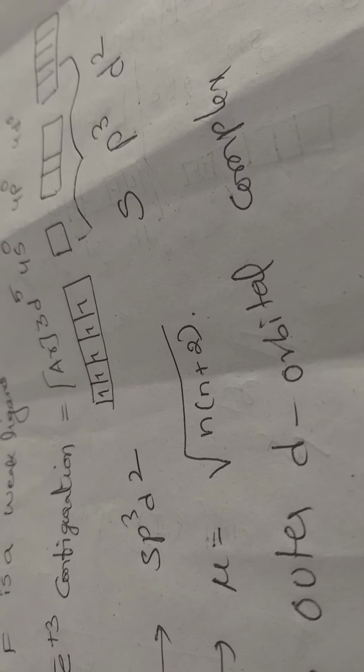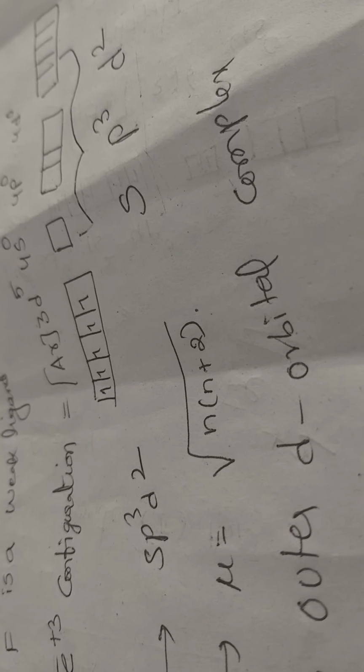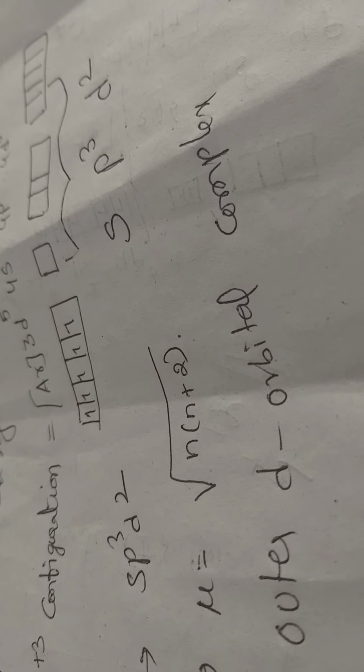So this complex is an outer d orbital complex and a spin free complex also. Why? In this complex single electrons are there. If electrons are paired, that is a spin paired complex, but in this case the electrons are free, they do not pair, so it is a spin free complex.